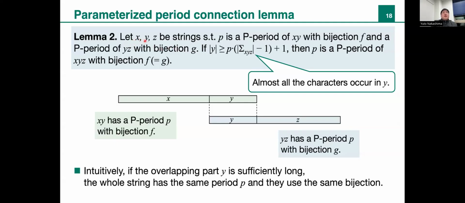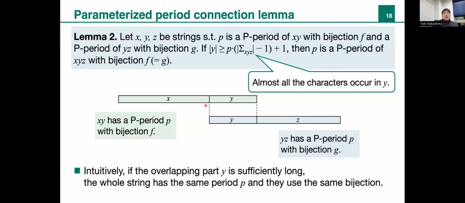There are three strings x, y, and z, such that P is a parameterized period of xy with bijection f, and P is also a parameterized period of yz with another bijection g. If the length of y satisfies these conditions, then P is also a parameterized period of the whole string xyz with the bijection.